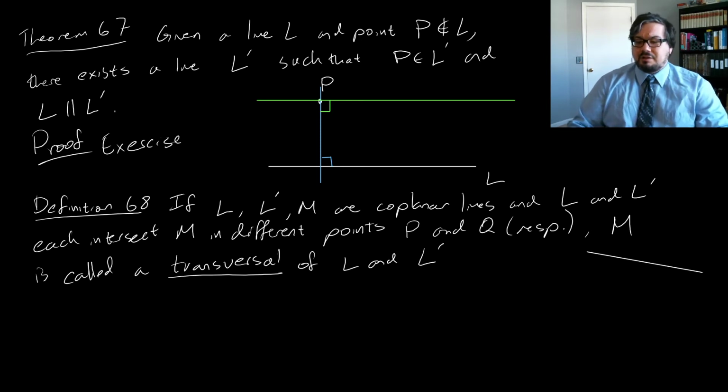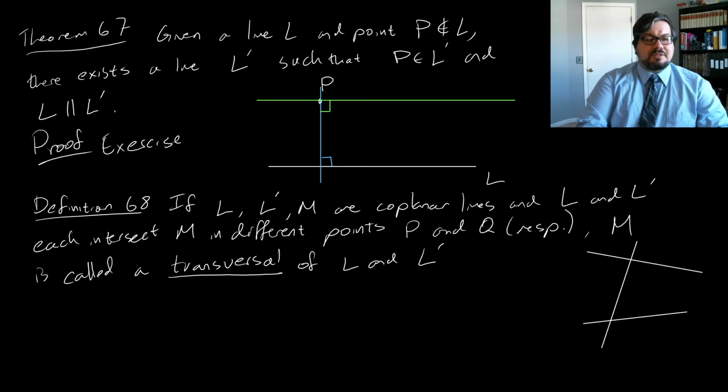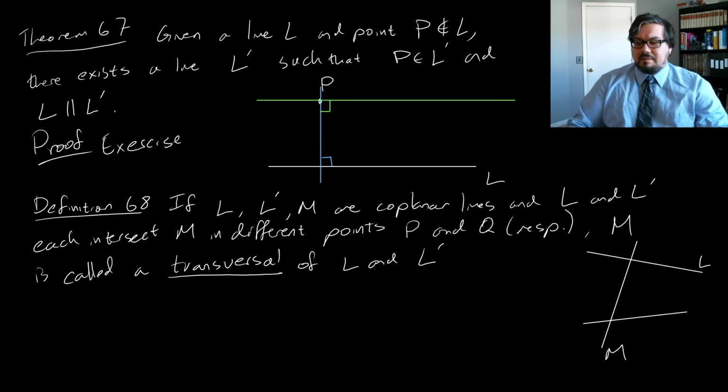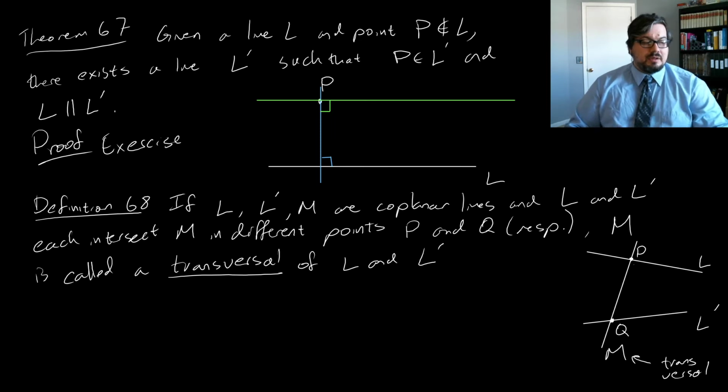So the picture we have is something like this, where we got M, L, L prime, and this M here is the transversal. We got P and Q. Now, let me give some other points on this diagram in order to say the next part of it.